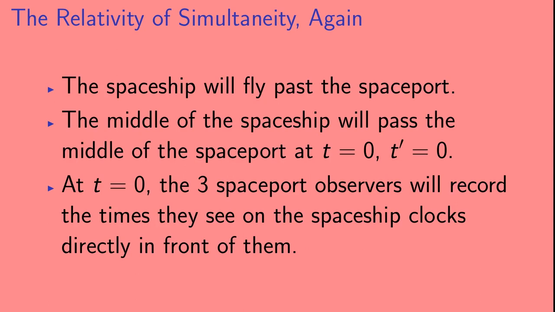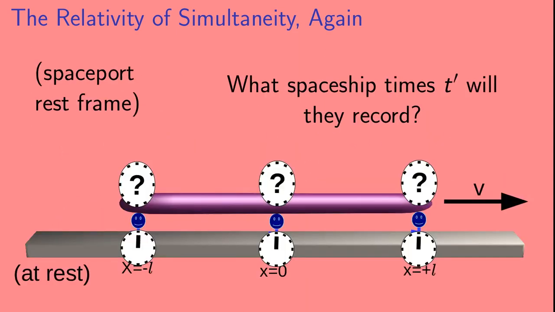As we said before, the middle of the spaceship will pass the middle of the spaceport at t equals 0 and t prime equals 0. At t equals 0, the 3 spaceport observers will record the times they see on the spaceship clocks directly in front of them. So, what spaceship times t prime will they record?